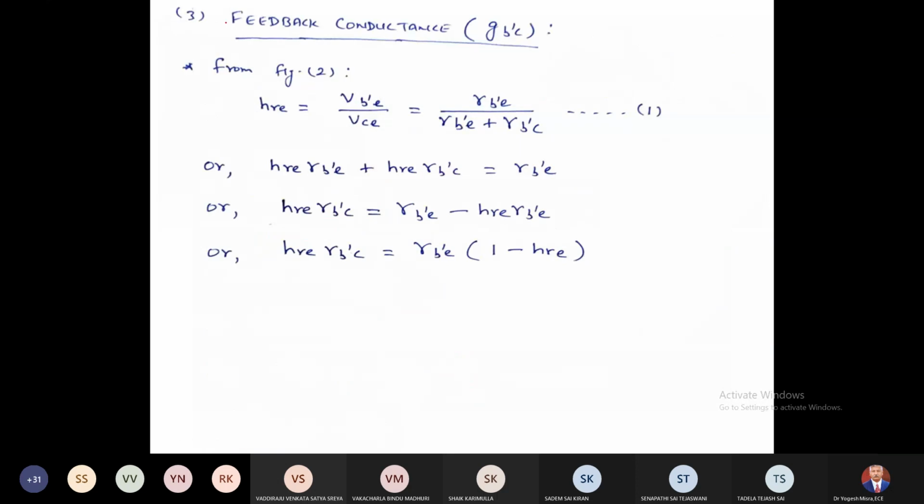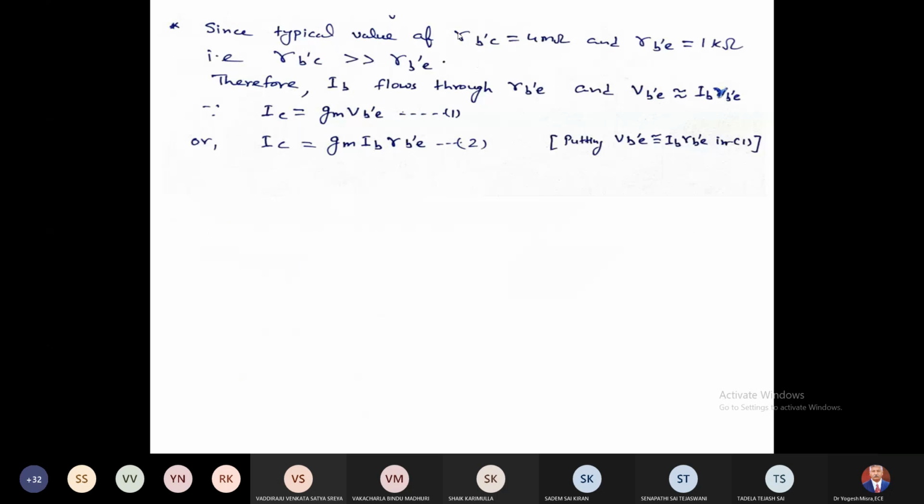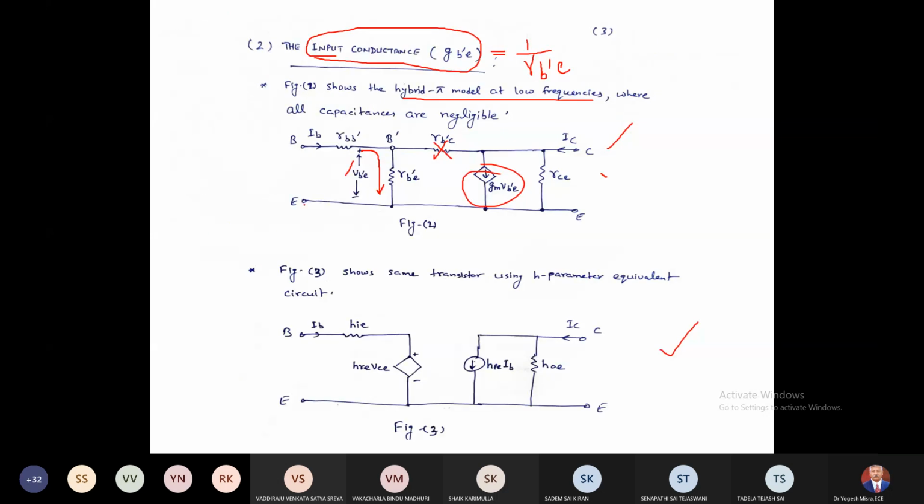Now we will see the feedback conductance. So what is the feedback conductance? So if you see the H parameter model, so this resistance is a feedback resistance, right? Because it is connected from the collector terminal, which is output terminal, and B', right? So this is the feedback resistance.